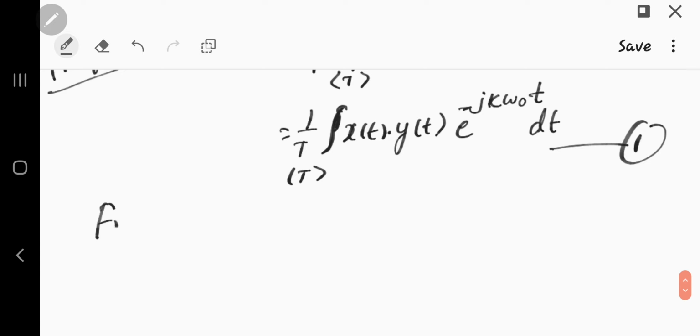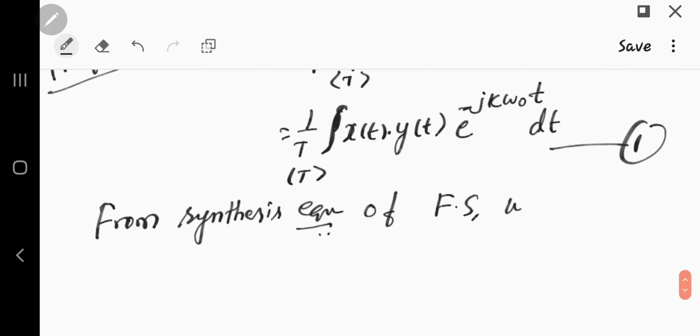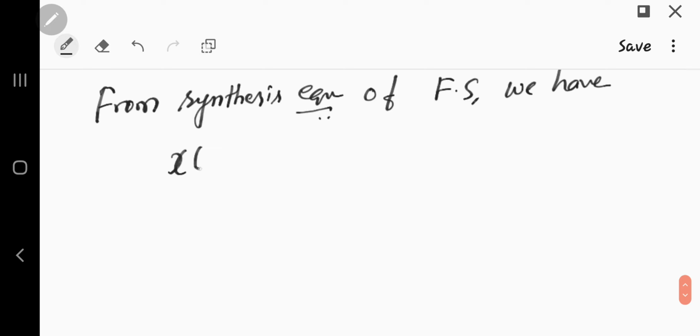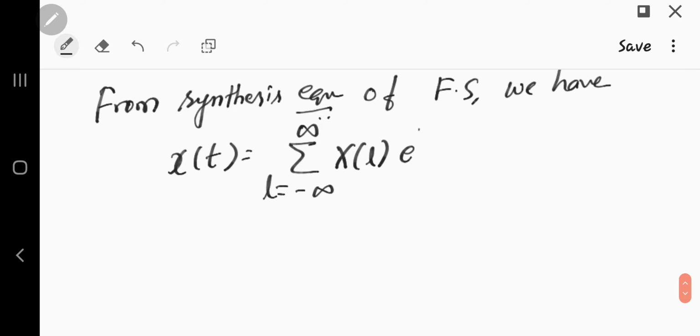Now from the synthesis equation of Fourier series, we have x of t is equal to summation x of L e power j L omega naught t.